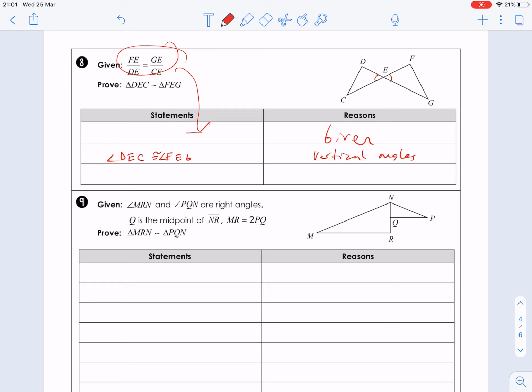Therefore, since DE goes with FE and GE goes with CE, we got ourselves an SAS. DEC triangle is similar to FEG because of SAS similarity.